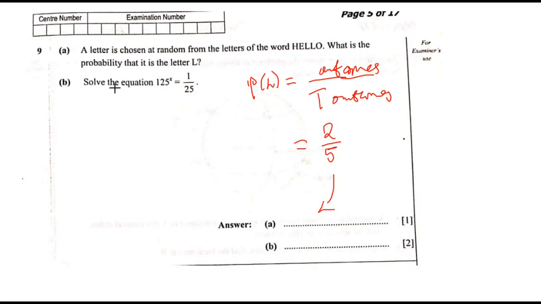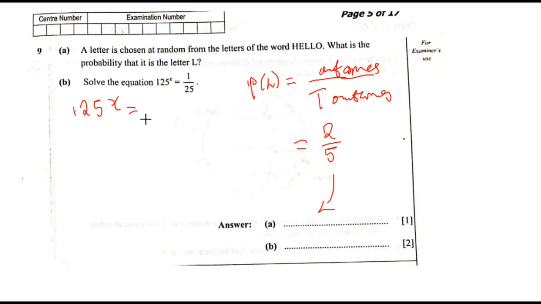B, solve the equation 125 to the power x is equal to 1 over 25. So again, this is on exponents or indices. For us to be able to solve this problem, we need to know the laws of indices or the exponential laws. So here what we have is 125 to the power x is equal to 1 over 25.